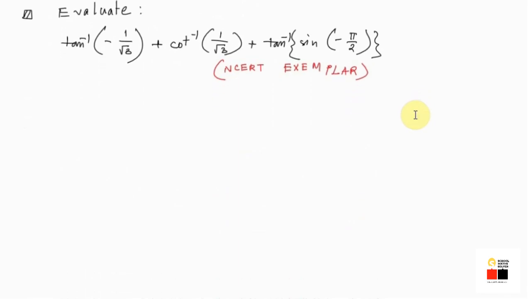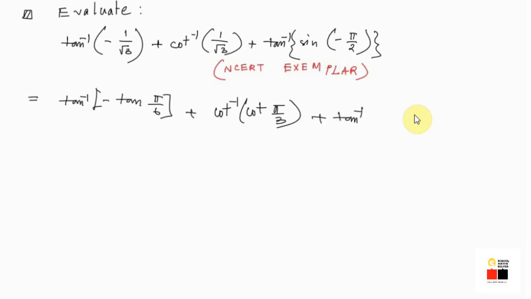Next problem is tan inverse 1 by root 3 plus cot inverse 1 by root 3 plus tan inverse sine minus pi by 2. Tan inverse minus tan pi by 6 plus cot inverse cot pi by 3 plus tan inverse minus sin pi by 2.